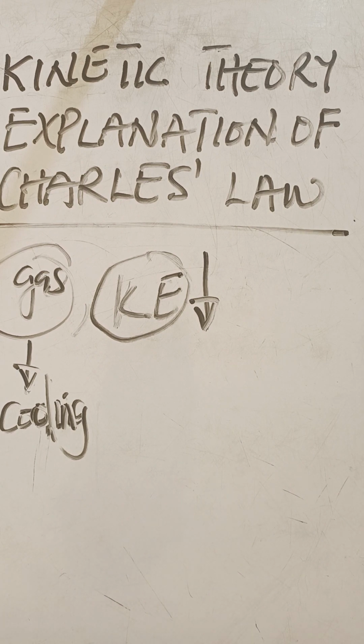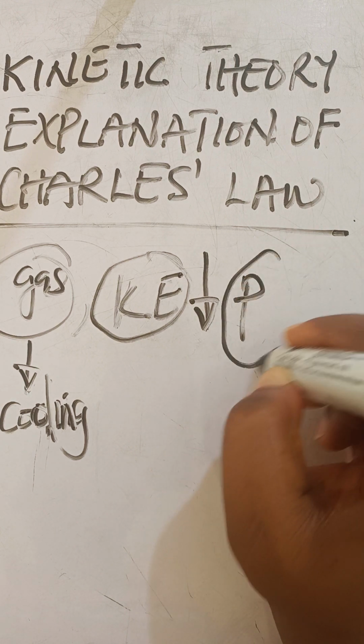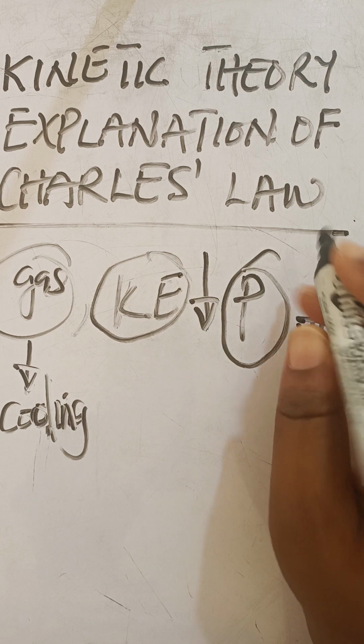And when the kinetic energy of the gas molecules decreases, it means that the number of collisions against the walls of the containing vessel per second has also decreased. And when this happens, the pressure of the same gas also decreases.